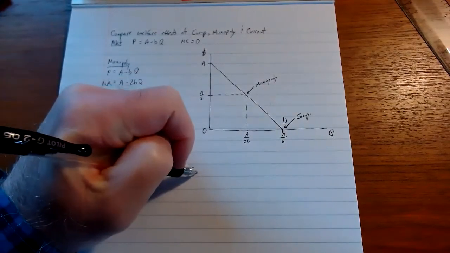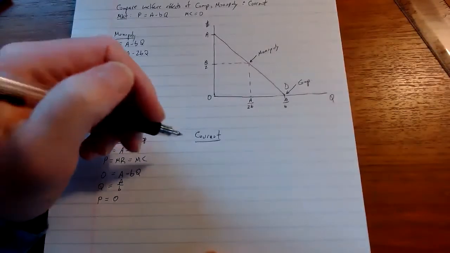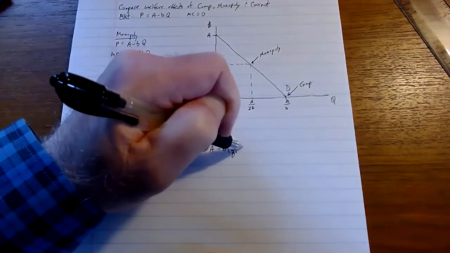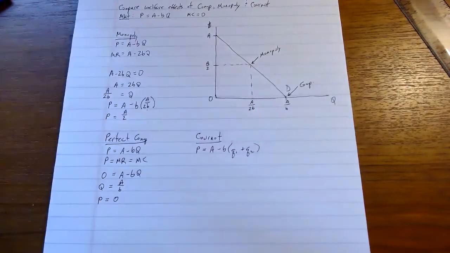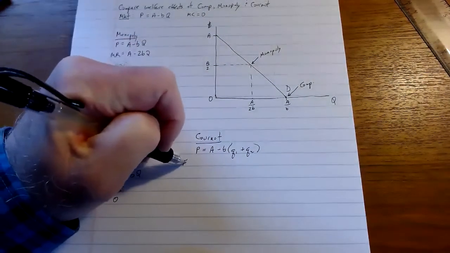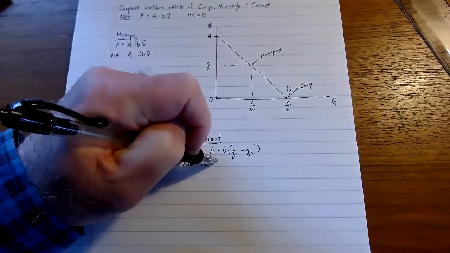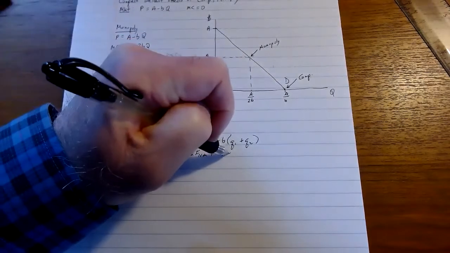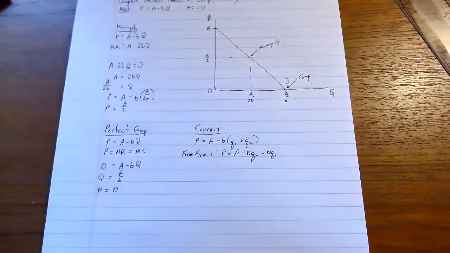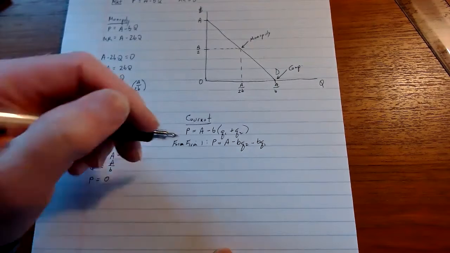What about a Cournot duopoly? So price is equal to A minus B, Q1 plus Q2. Or for firm 1, price equals A minus B Q2 minus B Q1. For firm 1, we're simply going to set marginal revenue equal to marginal cost.